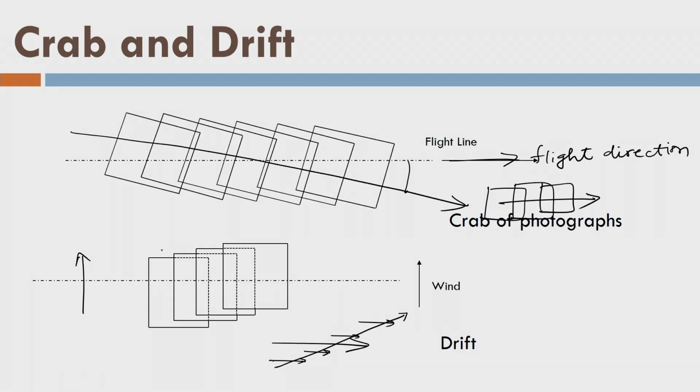So, these are the shifts. You can see here the photographs are shifted in the up direction, and that is called a drift of the wind, or wind drift. So, because of the wind we have drift, and because of the misalignment of the flight direction and the aerial photograph axis we have crab. So, that is the idea, and these are basically the limitations in the aerial data acquisition.